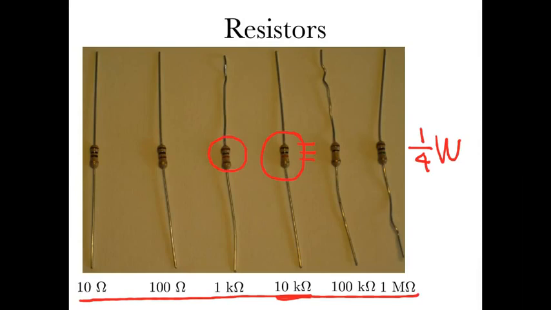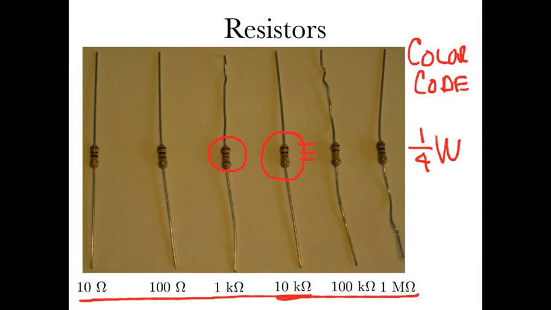So I'm reading those colors from the top. This is called the color code, and you can go online and Google color code, and you'll find lots of calculators for color codes. You type in the colors and they'll tell you what the resistance is, or you can type in the resistance and they'll tell you what the colors are. And you should remember them as you get deeper into electrical engineering.